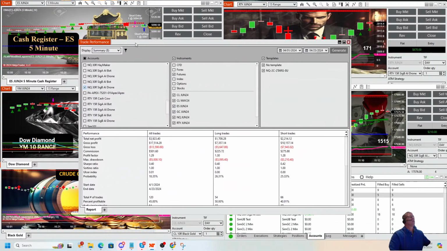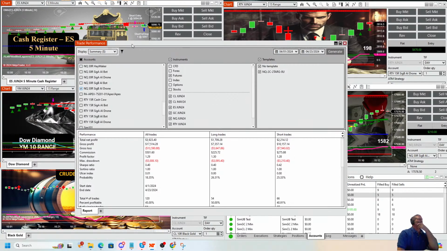My 30 range signal B. The signal B is the trend trading strategy. Is up about 3,900.